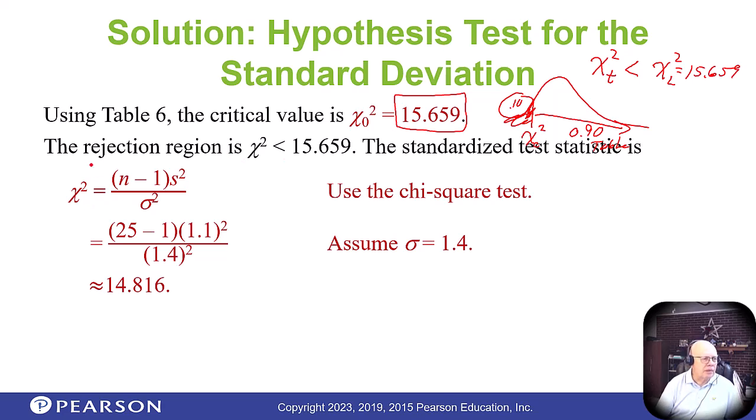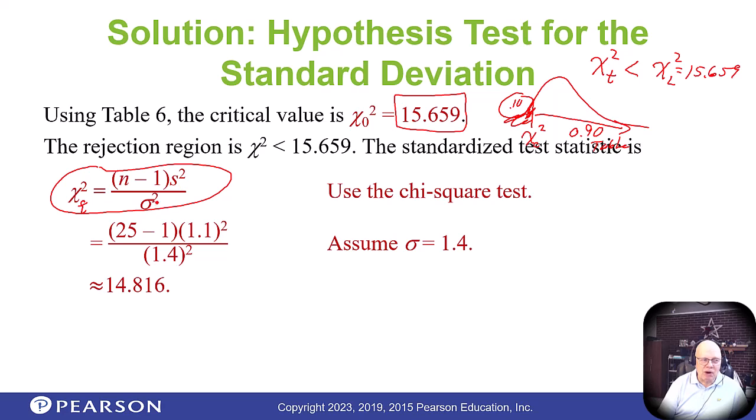Now, you need to find the chi-squared test value, with n minus 1 degrees of freedom, good.